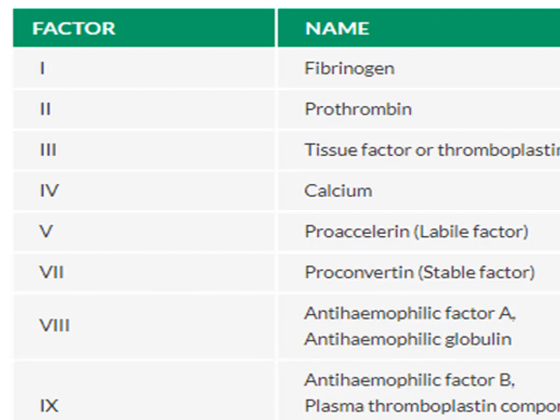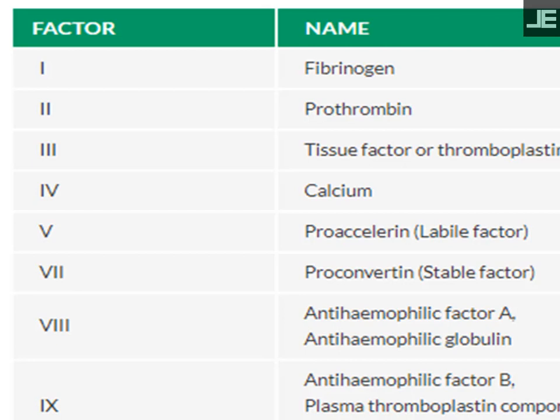Proconvertin is the seventh, because A comes before C in alphabetical order. So proaccelerin number 5 and proconvertin number 7. If you want to remember the other names, labile and stable factor, all you do is remember that L comes before S. So proaccelerin becomes the labile factor, whereas proconvertin is the stable factor.